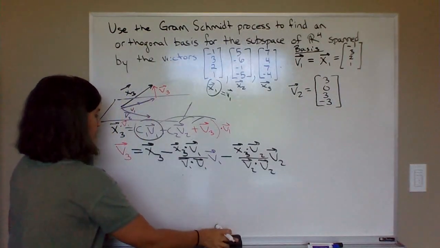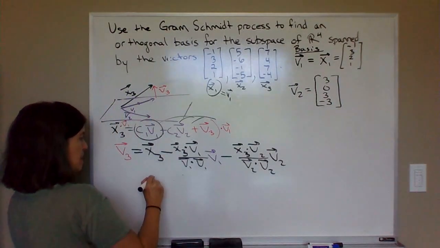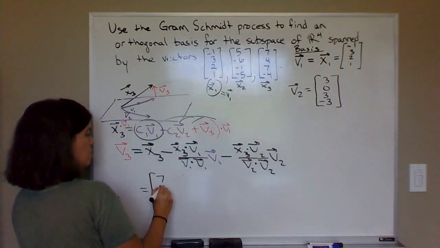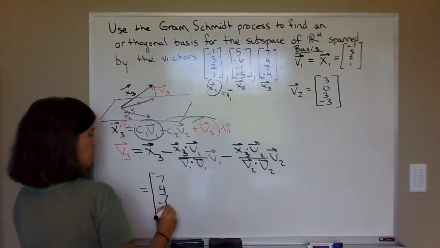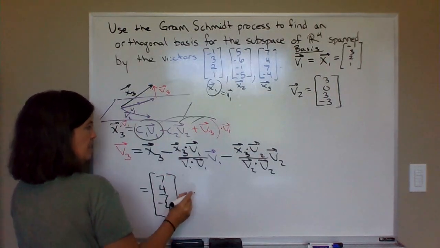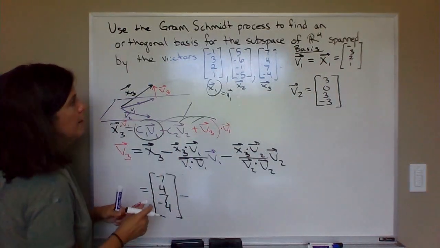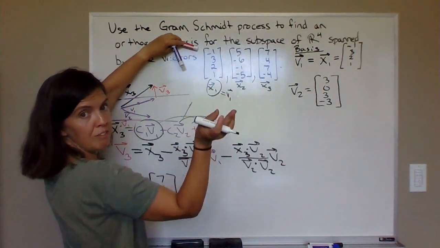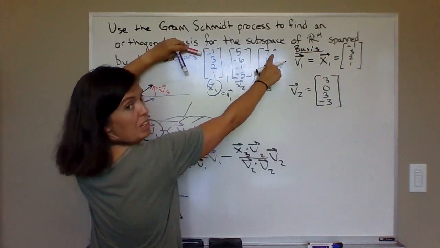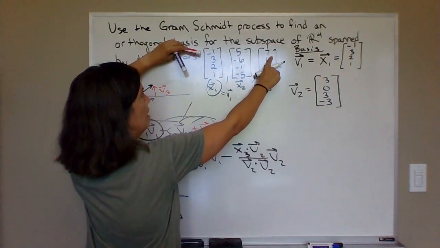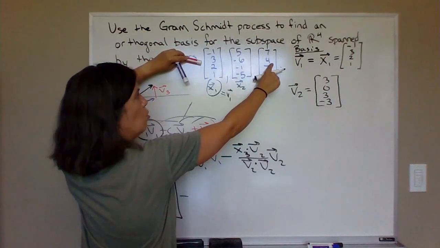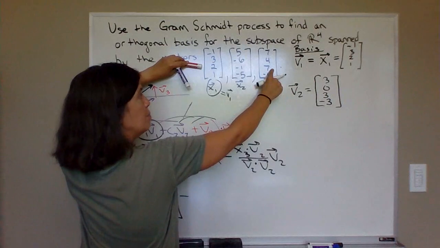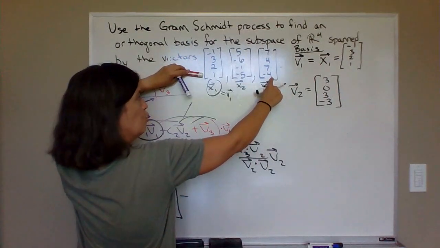All right, so I want to write this out. I'm going to have to do some of the arithmetic in my head here, but x3, which is this guy, 7, 4, 7, negative 4, minus x3 dot V1. So here's x3. x1 was equal to, we just made V1 x1, so we're taking the inner product of these two vectors. So that's going to be negative 7 plus 12, so that'd be positive 5, plus 14, so now we're up to 19, minus 4.